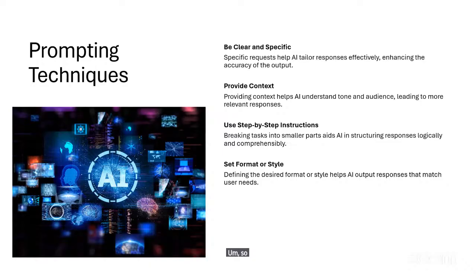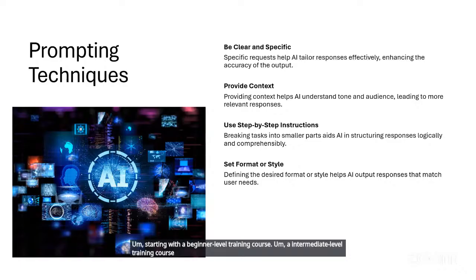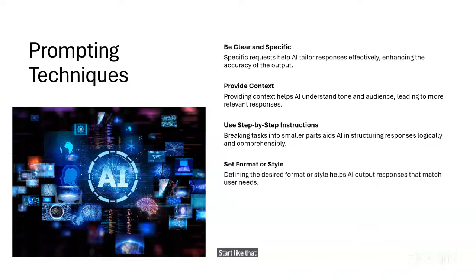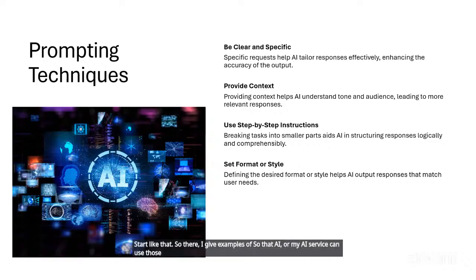So I might give an example of I need three-day training courses, starting with a beginner level training course, an intermediate level training course, and an advanced level training course. Right? Start like that. So there I give examples, so that AI or my AI service can use those examples to create the content. That will be my first iteration.